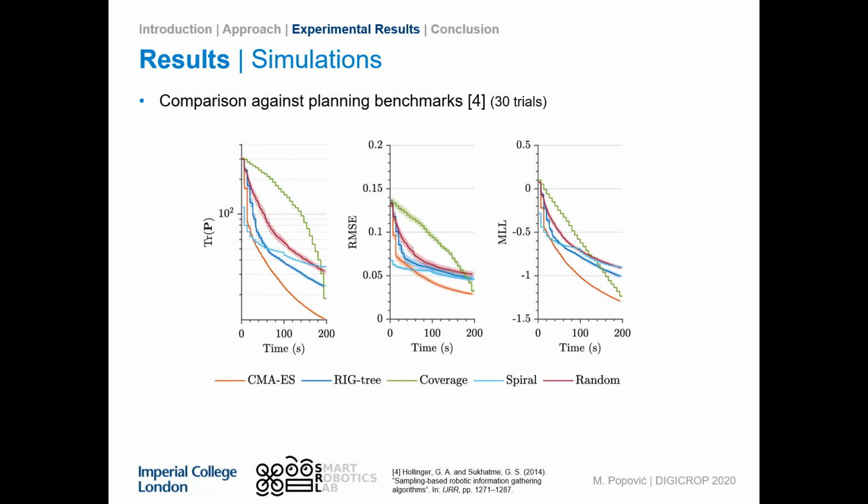These plots show how different informative metrics evolve during a mission in terms of uncertainty and error. Looking at the red curve, the fastest reductions in uncertainty and error confirm that our method performs best. And this is because it allows the UAV to collect low-resolution images before descending to refine the map.